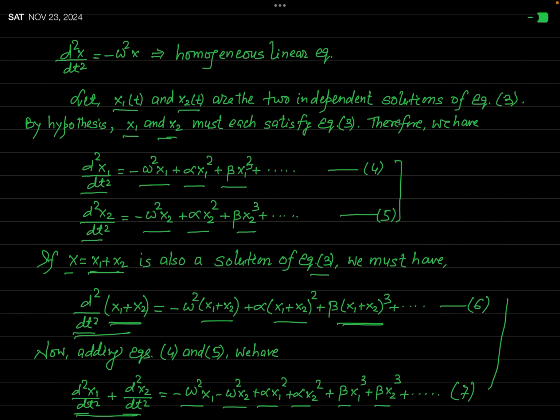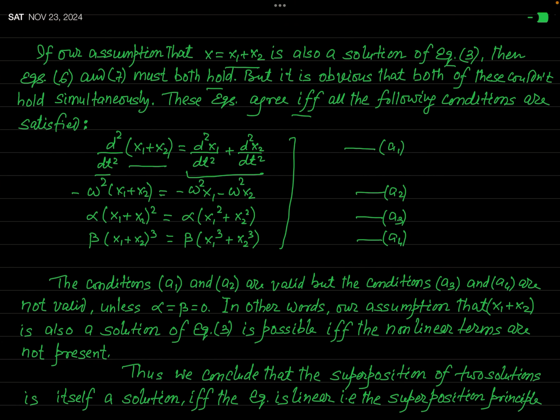Okay. Again, the term minus omega square times (x1 plus x2) must be equal to the sum of these first two terms. So the second condition is minus omega square times (x1 plus x2) must be equal to minus omega square x1 minus omega square x2.